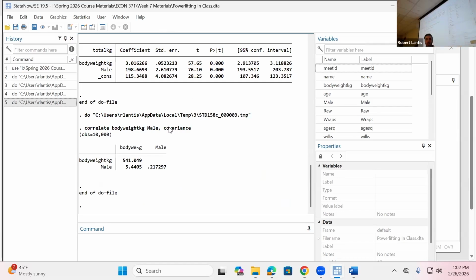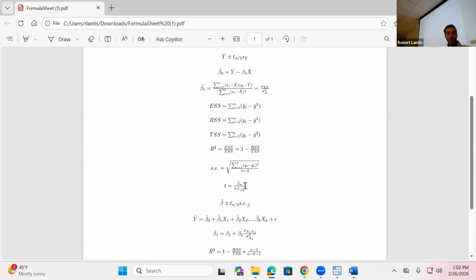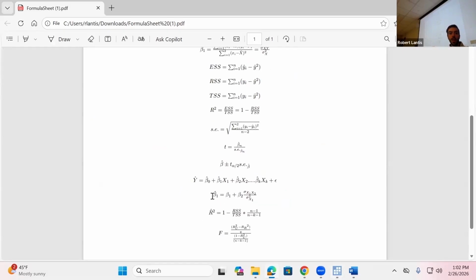Well, we already had the equation set up. So if I look at my formula sheet, it reminds me, if I omit an important variable, it would have this bias built in, which is the coefficient of the variable I omitted, times the covariance of the variable I included and omitted, divided by the variance of the variable I included.